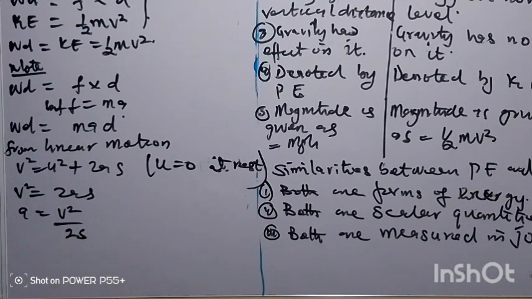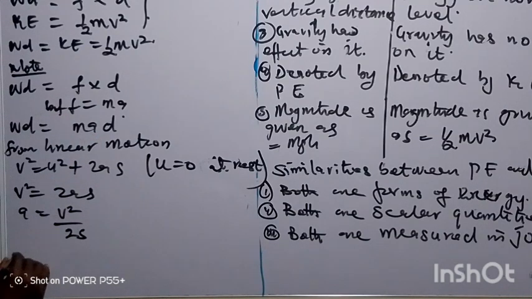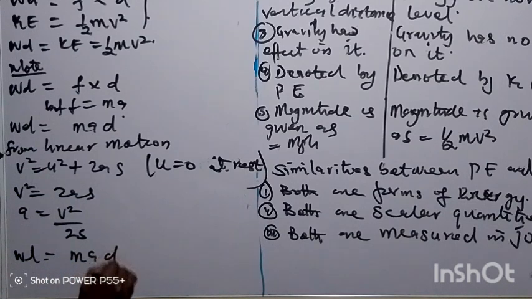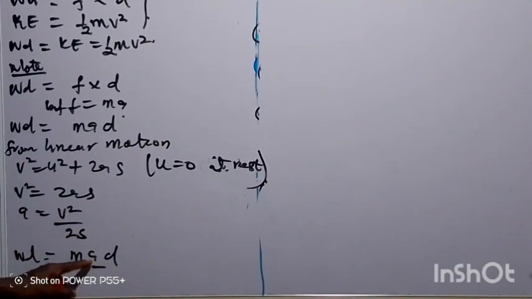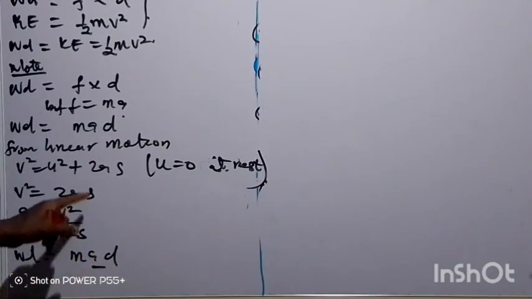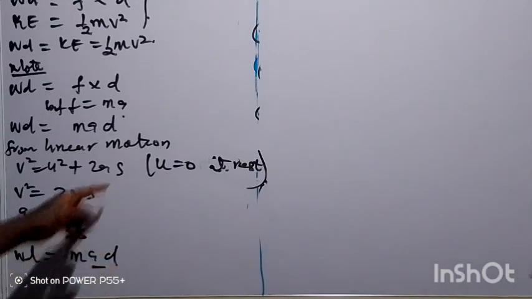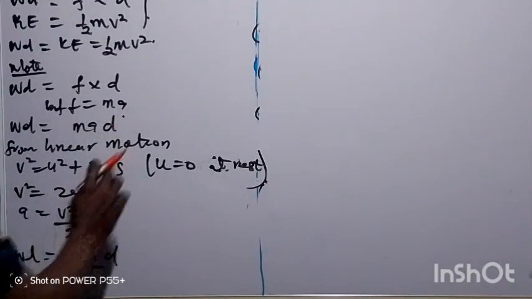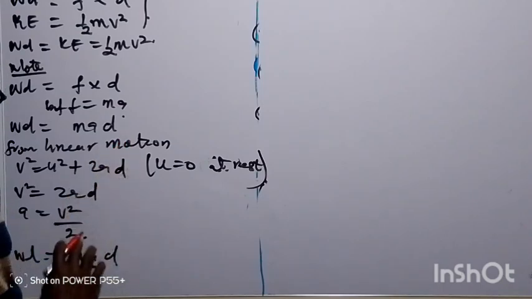If that is the case, from work done, which is equal to MAD, we now substitute for A. And mind you, our S here is also distance, so instead of using two variables, let's change this one also to D, to retain just one variable.